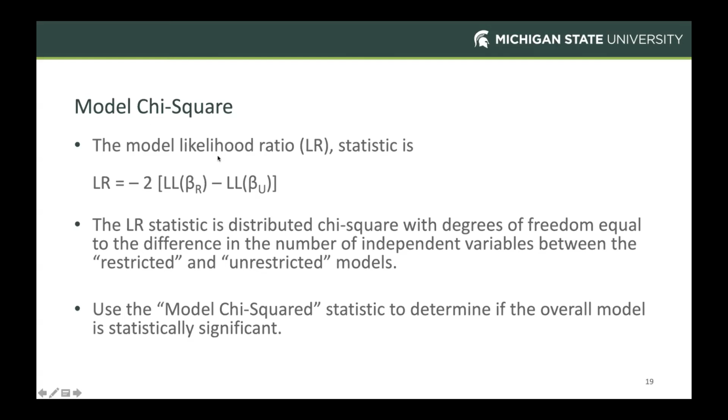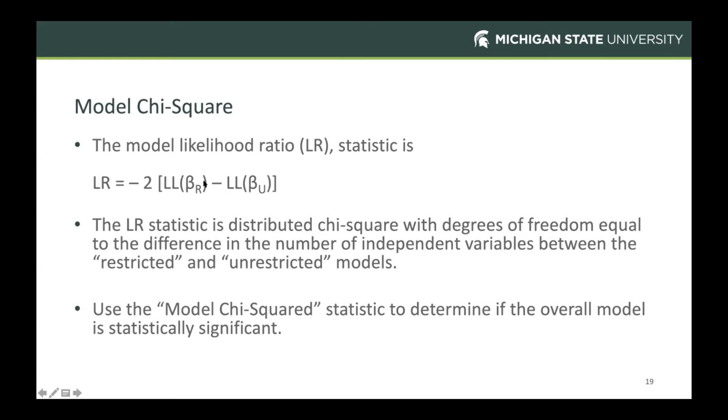And so the way we're doing that, our restricted model is basically a model that's simpler in form. So it's not including those other variables of interest. As we add variables to the model, we remove those restrictions. And so the unrestricted model is the more flexible model.